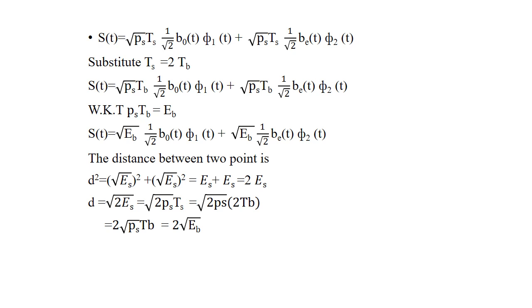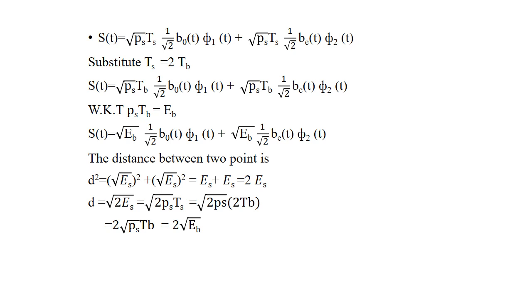We know that Ps TB is equal to EB. So S of t equals root EB times 1 by root 2 b naught of t into phi 1 of t, plus root EB times 1 by root 2 b e of t into phi 2 of t.